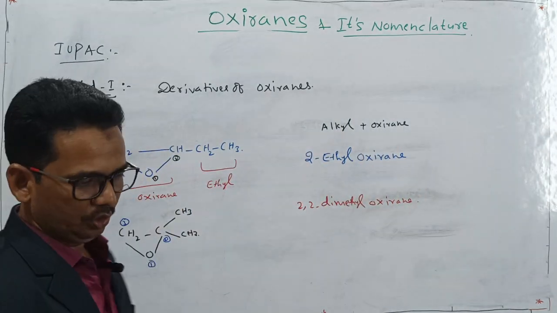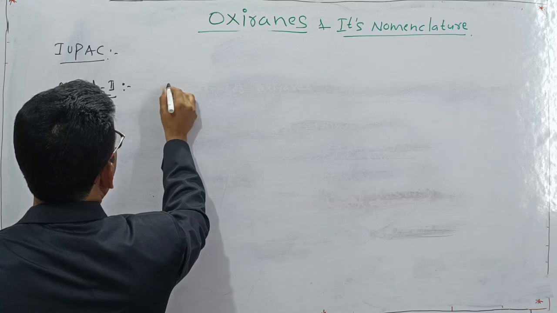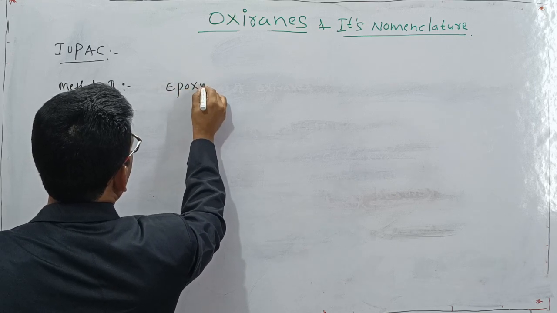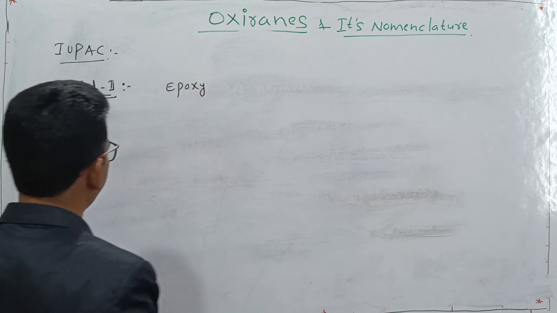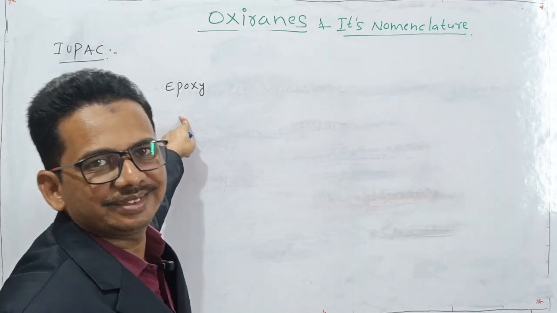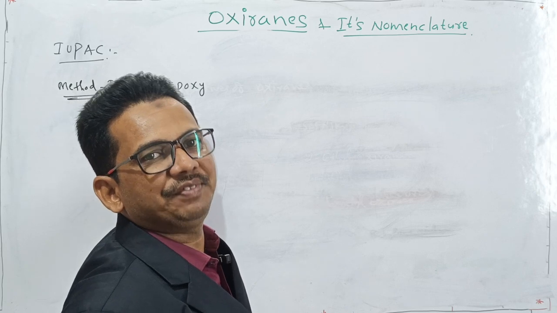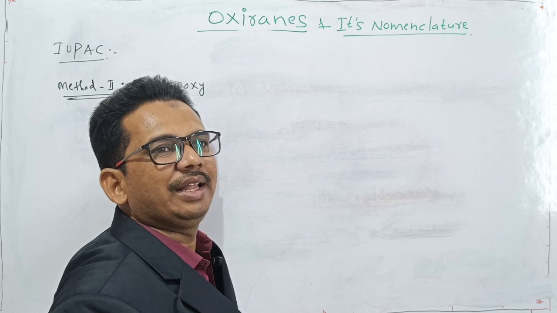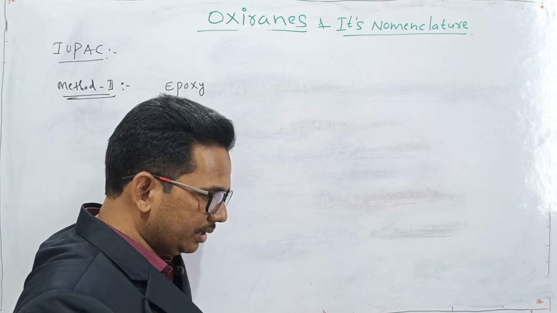Then we'll go for method 2. We are writing based on the second method. We are mentioning epoxy as the substituent. We are writing epoxy as the prefix in this case. Epoxy alkanes, these are the derivatives.